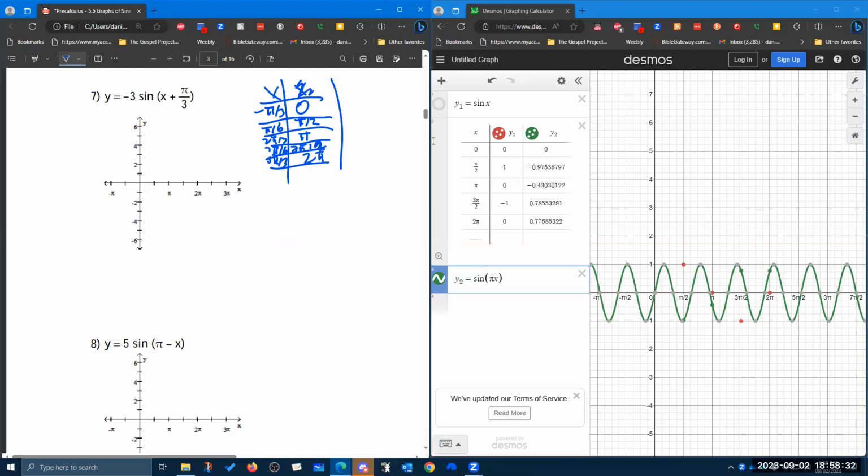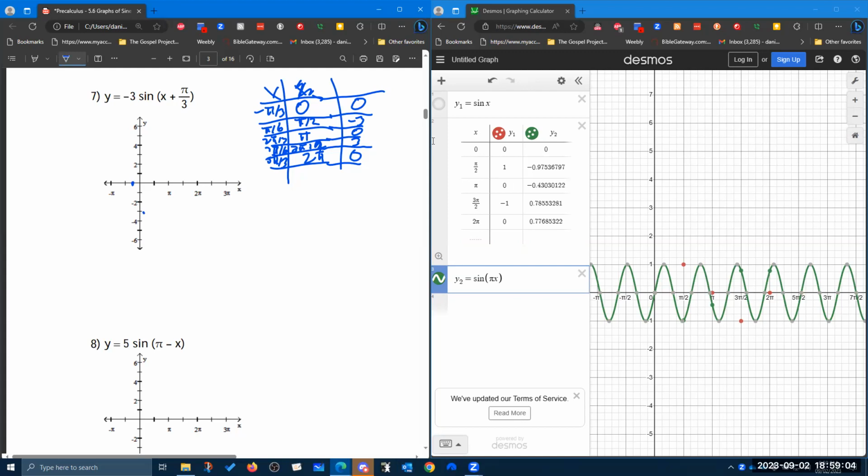I'm going to put in there. And this was my 0. This is my maximum, or my minimum now, negative 3, 0, 3, and 0. So negative pi over 3 is around here. Then at pi over 6, which is about here, I'm at negative 3.